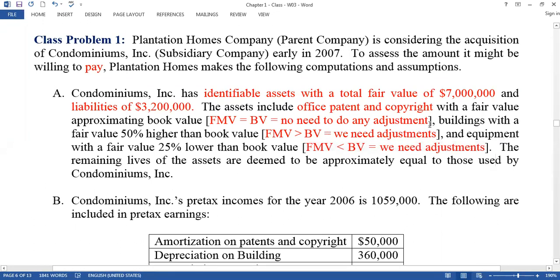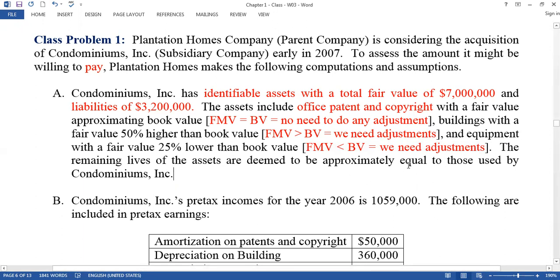From this part, we have another sentence here. The remaining lives of the assets are deemed to be approximately equal to those used by the company. That means the remaining assets do not have any change. They are constant.